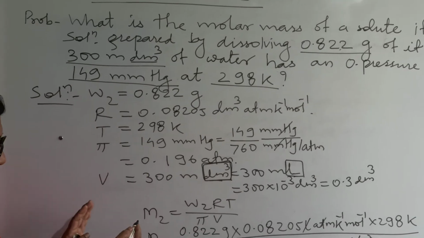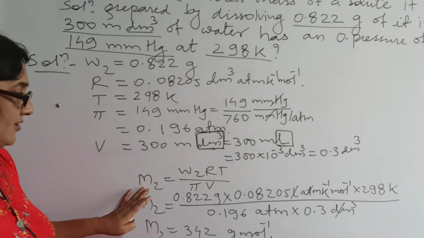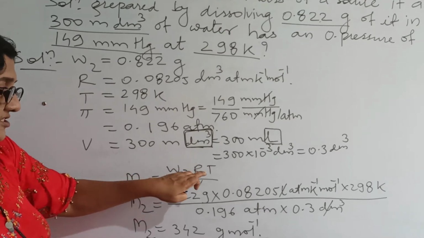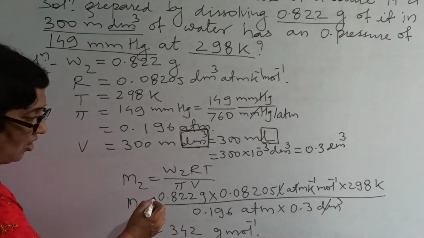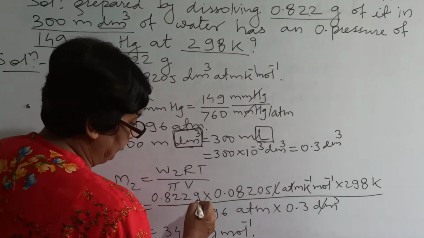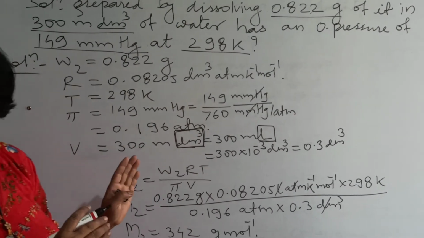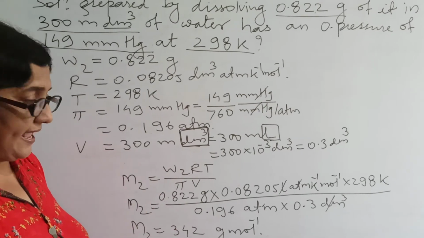All this data is used and you know the formula. Molecular weight of solute is equal to weight of solute into R gas constant into temperature divided by pi into V. Now fill up all the values with units and after that calculate with the log table, and common terms should be cancelled.